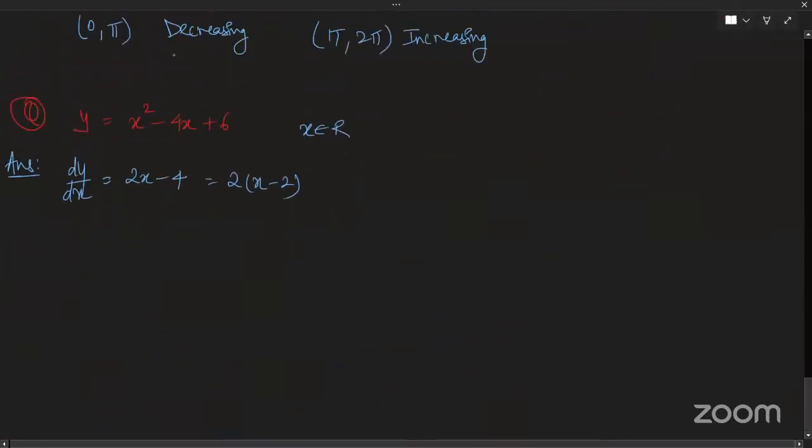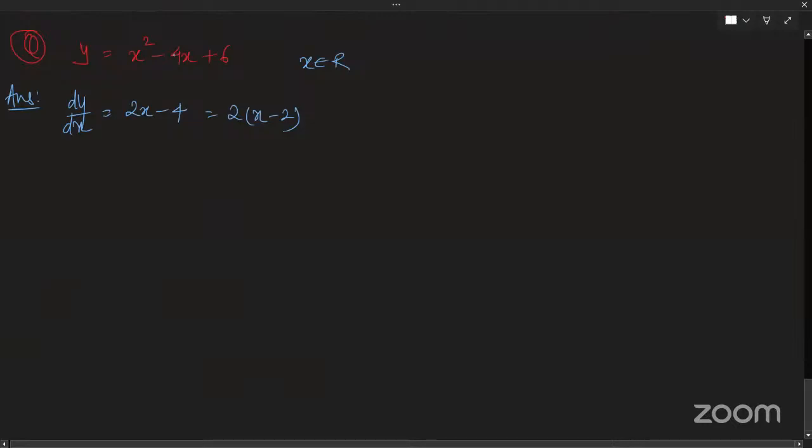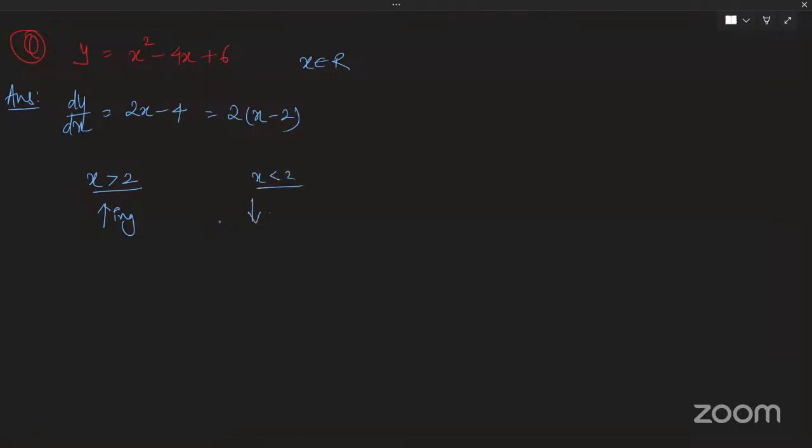So tell me. When x is greater than 2, it will be increasing. When x is less than 2, it will be decreasing. Correct. It was really easy.